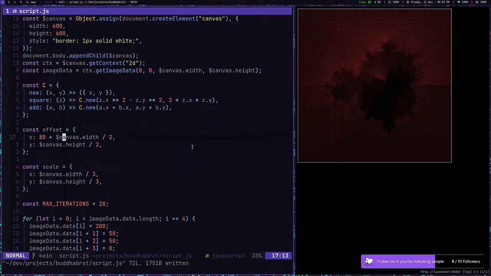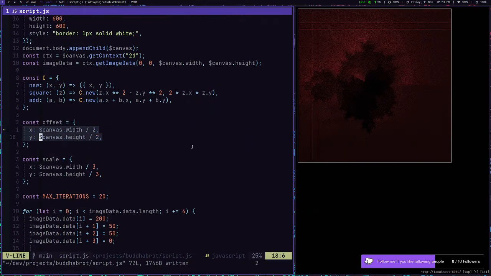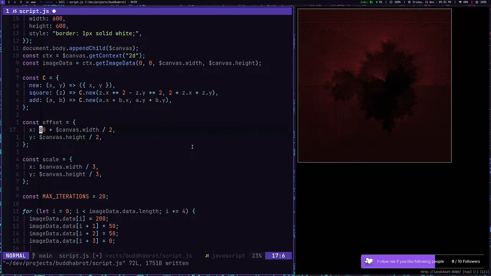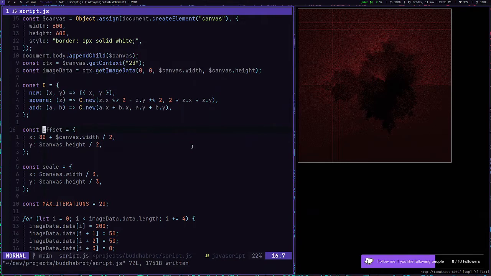So, let's not have it at all. I mean, this part we'll need because we need to shift it to the center, but other than that, okay, yeah, let it be. I don't see any difference there.